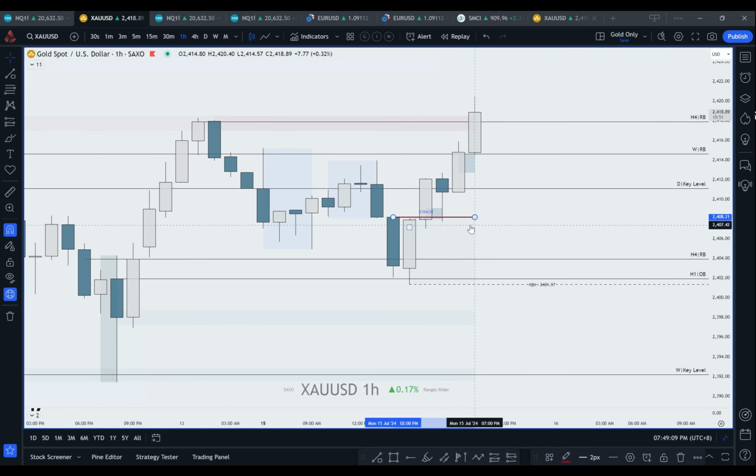This is a down candle. So sell to buy. So this exactly at the order block. So H1 order block. So now you can see that this price came down actually to mitigate the order block.